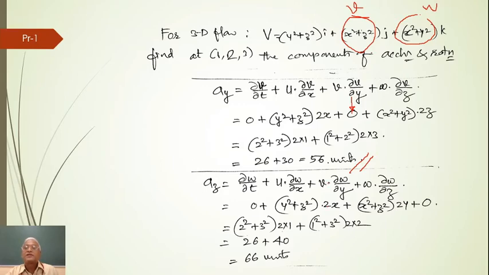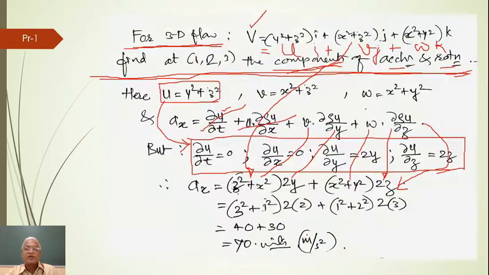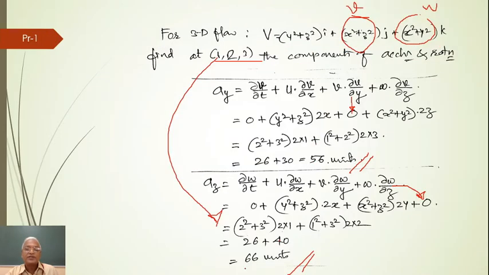V is x squared plus z squared, dou by dou y of omega, that is 2y, plus omega is fine, but dou omega by dou z is equal to 0, so this leads to a 0 quantity there. Now again, putting x equal to 1, y equal to 2, and z equal to 3, I'll get this value, then it will be 66 units. So earlier slide has 70 units, ax 70, 56, 66.